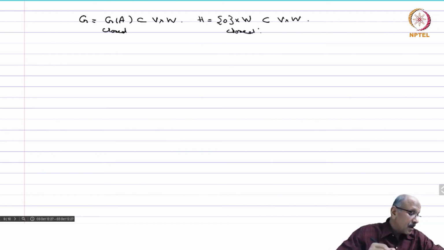Now, what can you say about G plus H? You are taking an element in G(A). How does an element in G(A) look like? The first coordinate is from the domain, the second component is A of U. So (U, AU). And here you are taking (0, any element in W). So when you add these two, you will get elements in the domain and any element in W. So this will be D(A) cross W.